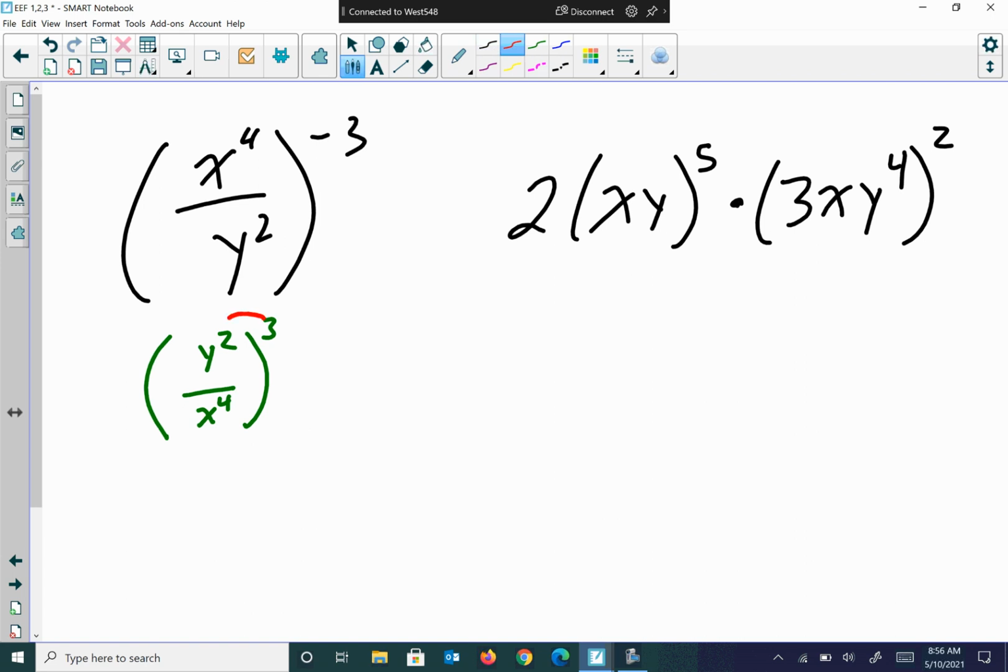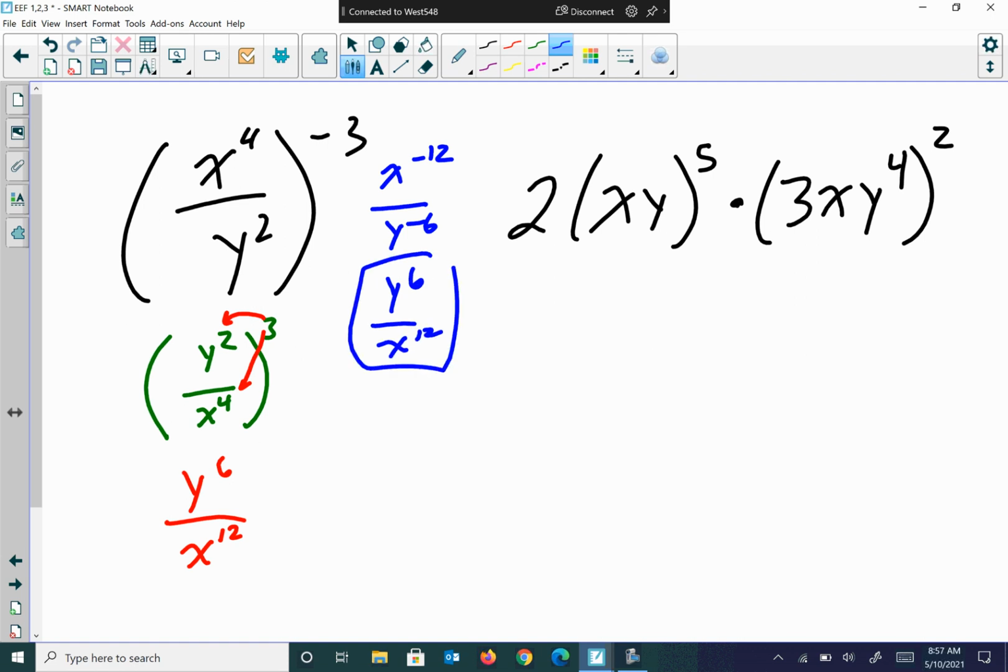So now I'm going to take this and go here and here. So power to power, so I get y to the 6th over x to the 12th. Now, a question that might have come up is, could I have distributed that in and gotten x to the negative 12 and y to the negative 6 and then flip them? Sure. Which way is best? Your choice. Both answers are the same. It just becomes how you choose to do it. There's no rhyme or reason which way is better or worse. Okay?